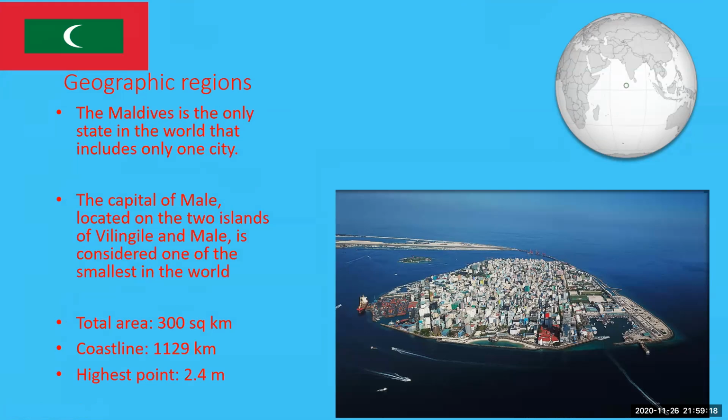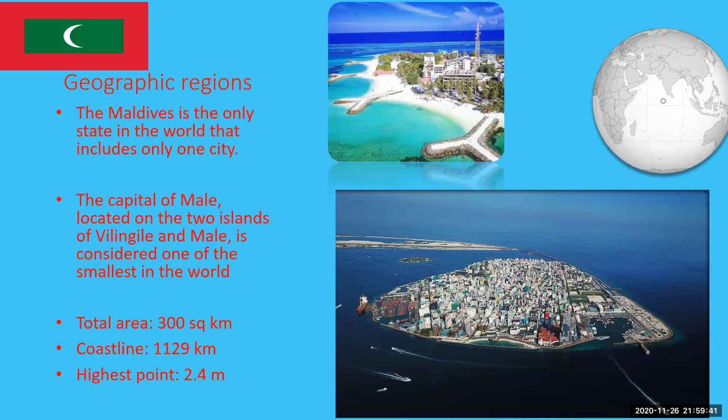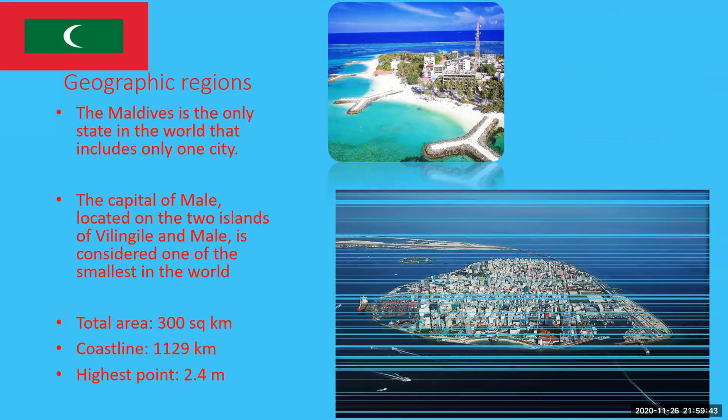It is located on two islands. First is Vilingili, and second is, of course, Male, and it can be considered one of the smallest capitals in the world. And here you can see the total area, coastline, and the highest point. Here are the pictures.